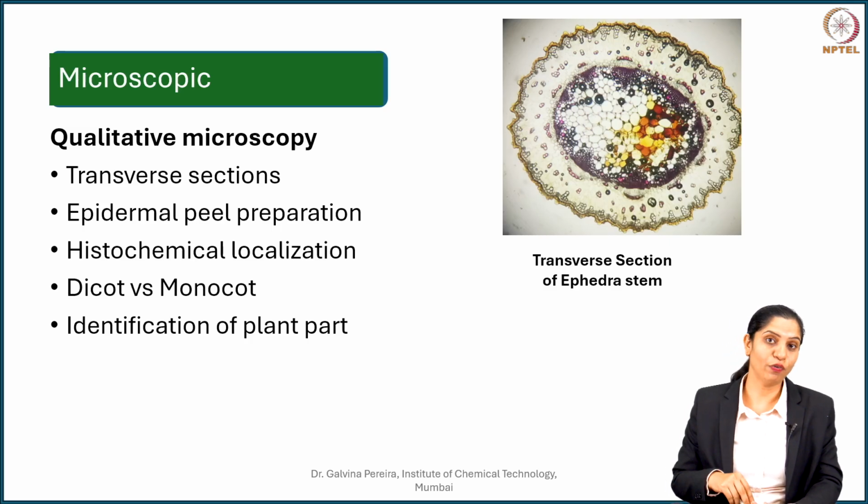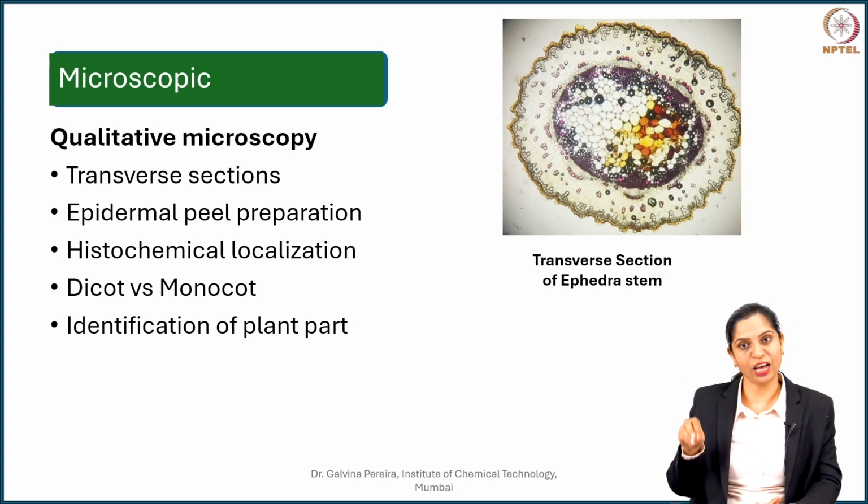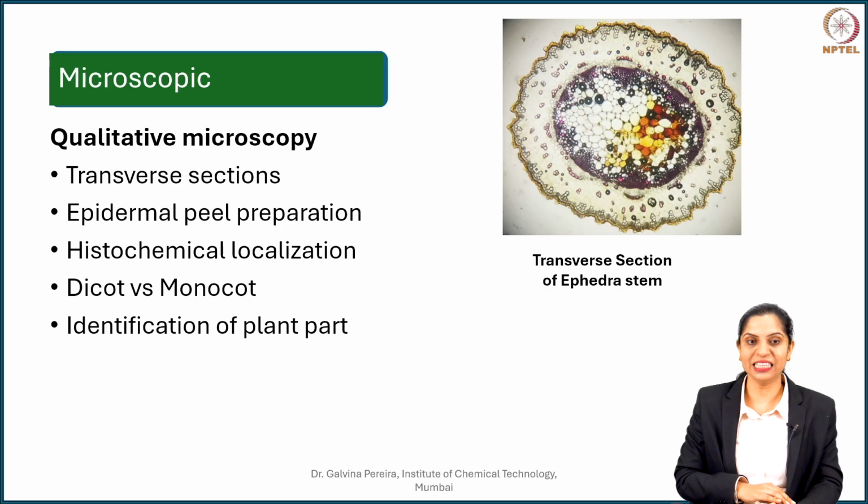If I am checking for aleurone grains, I can add picric acid. If I am checking for mucilage, I can add ruthenium red. If I am checking for starches or carbohydrates, I can add iodine. So where all these chemical functional groups are located, I come to know by adding this reagent, and such things are called histochemical localization.